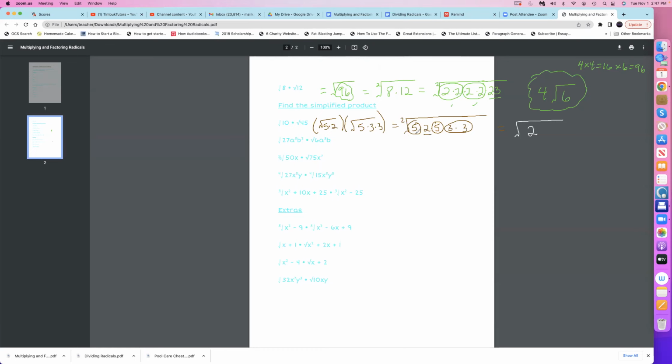And outside I have 5 times 3, which is 15. So my answer is 15 root 2, which I can check. 15 times 15 is 225. And 225 times 2 is 450, which is the same as 45 times 10.